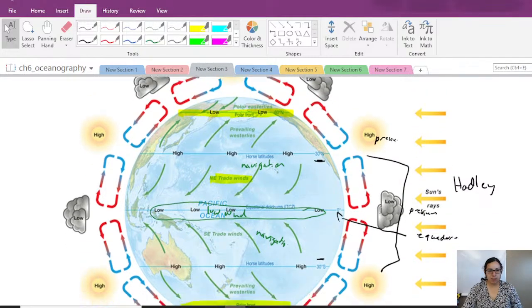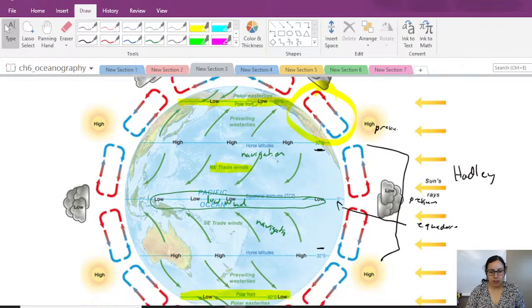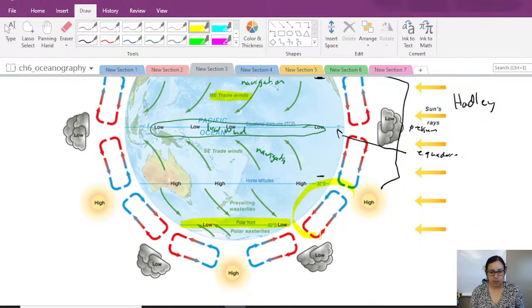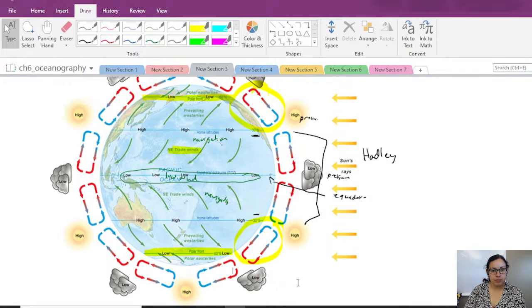And then, what's interesting about the Ferrel cell and its circulation and how it kind of fits in?